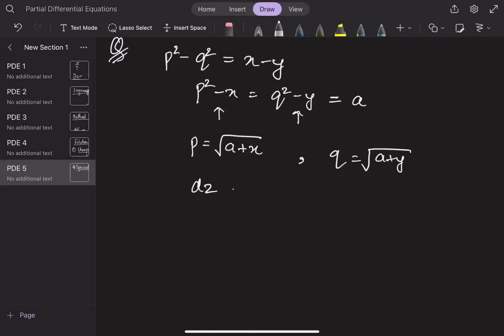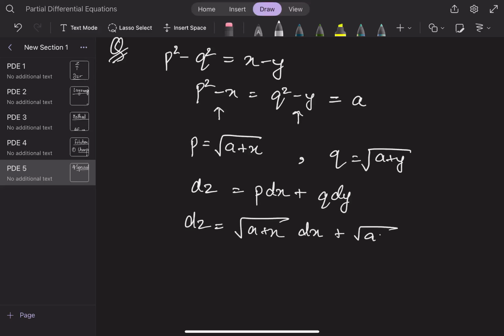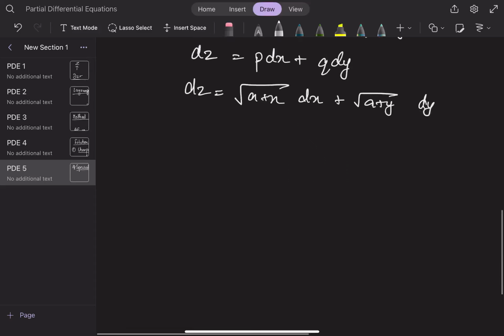Now dz is p dx plus q dy. So dz is equal to under root a plus x dx plus under root a plus y dy. So let's integrate this.